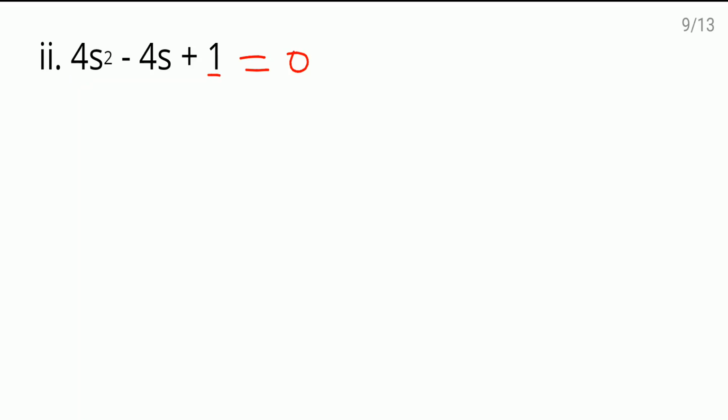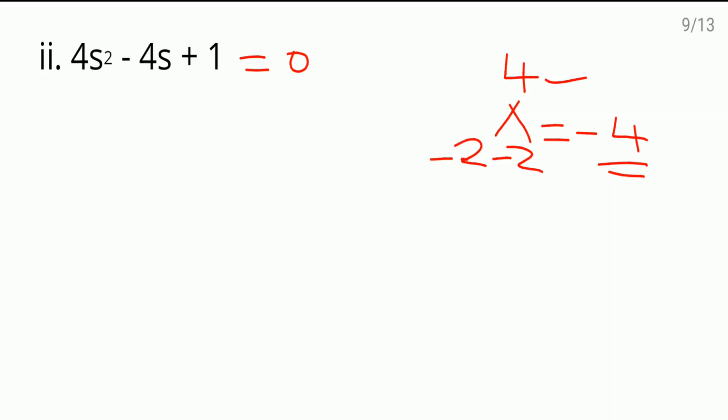That means product supposed to be 4 and sum supposed to be minus 4. So here 2 and 2, but minus 2 and minus 2, sum will become minus 4 and product will become plus 4, correct? So here, as the coefficient of s square is not 1, I have to write down each and every term.